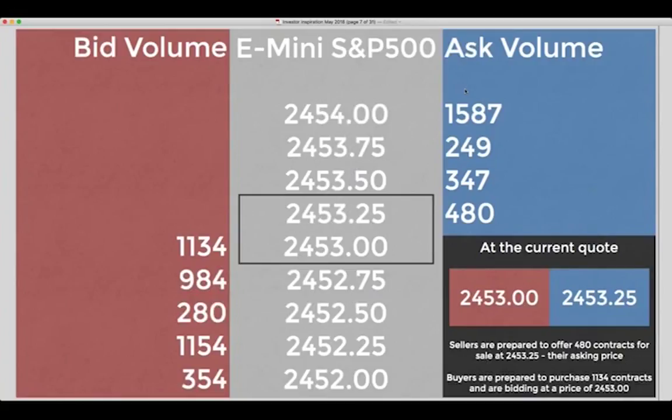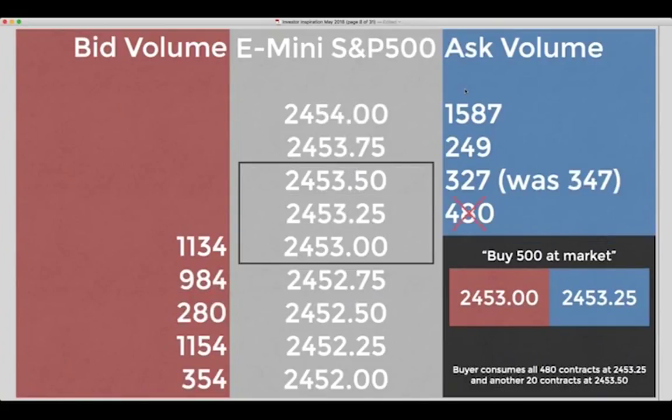So what happens when things trade? Price only moves because volume trades. So let's imagine that somebody decides to buy 500 contracts at market. In order to do that, they consume the 480 contracts that were being offered to sell at 53.25.